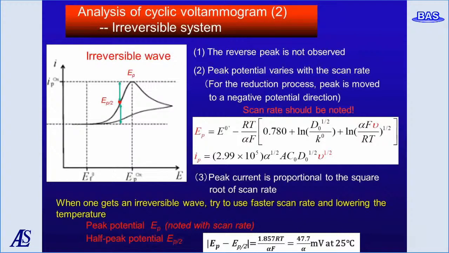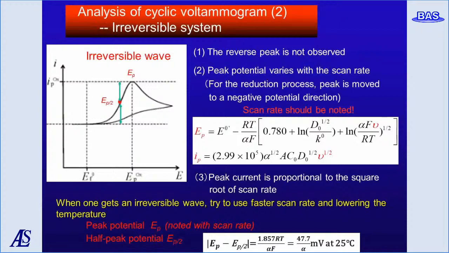So, if you report the peak potentials for irreversible peaks, you should add the scan rate. Furthermore, peak current is proportional to the square root of the scan rate, which is the same as the reversible case.